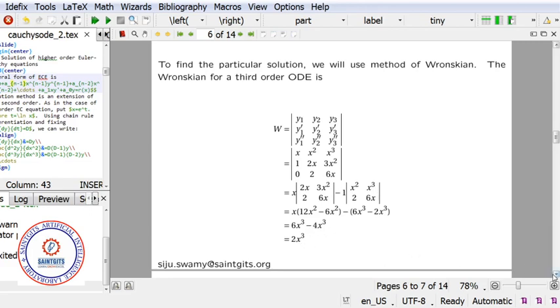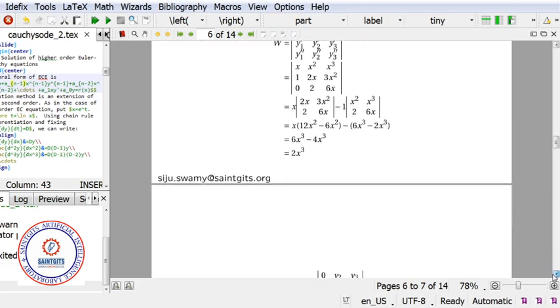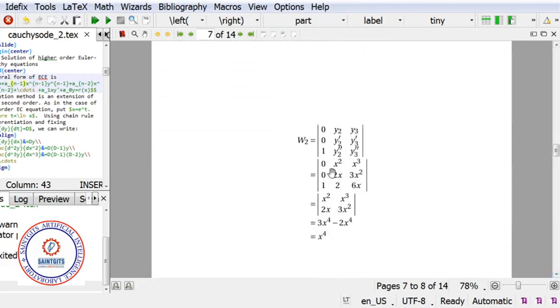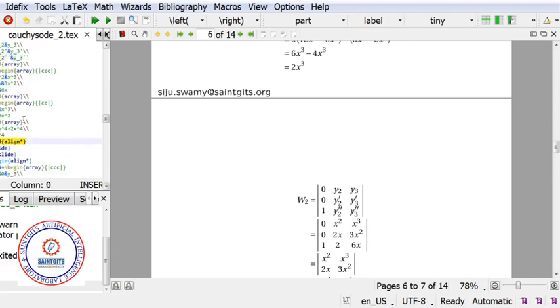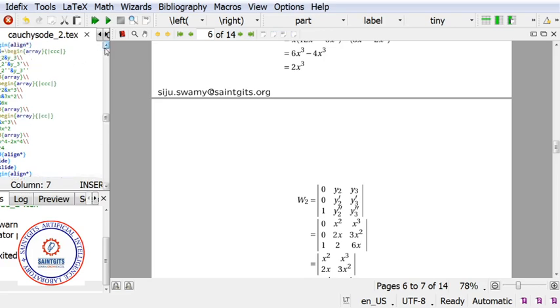The next step is finding w1. We know w1 is a determinant obtained from w by replacing the first column by 0, 0, 1.